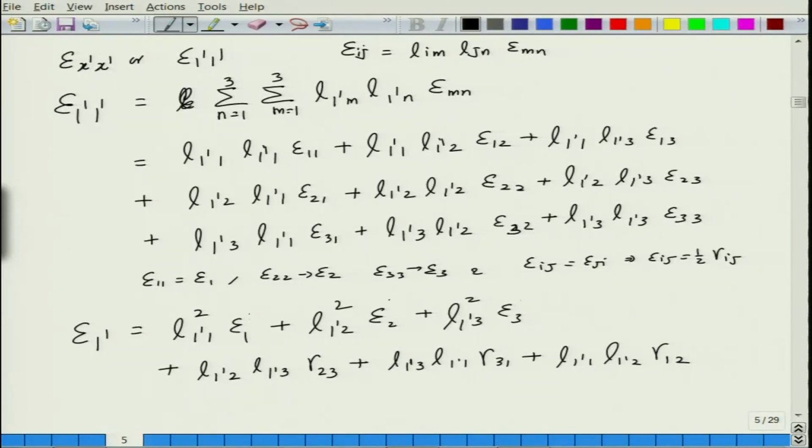So, this will be the expression. So, you can see that 2's are missing here because we have replaced epsilon with gamma. So, as a result there is a factor of half. So, 2 and 2 they cancel each other in all the terms. So, as a result it becomes equal to 1.